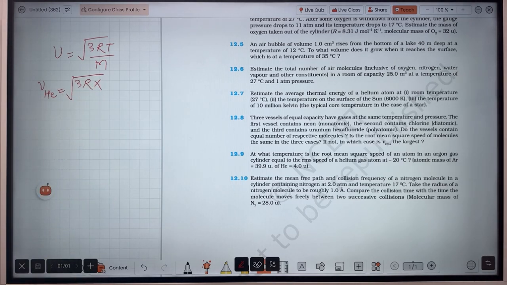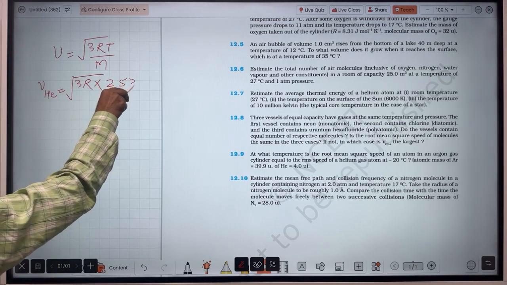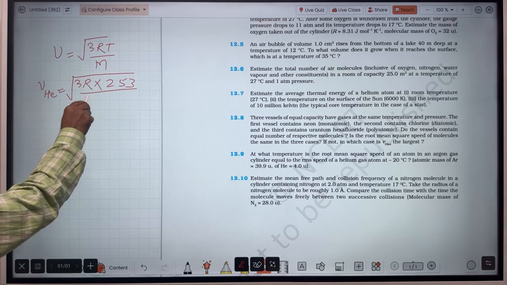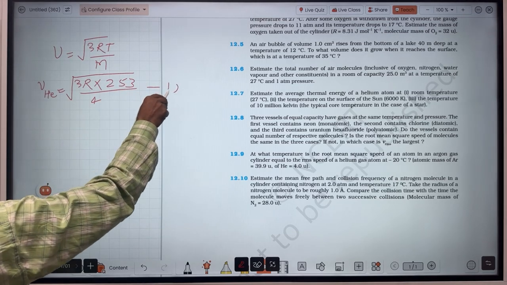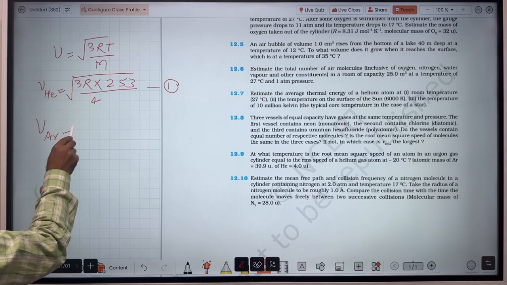What is the temperature of helium? It is minus 20 degrees centigrade. So we can add 273 and then we will get 253 Kelvin, divided by the mass of helium, which is given as 4.